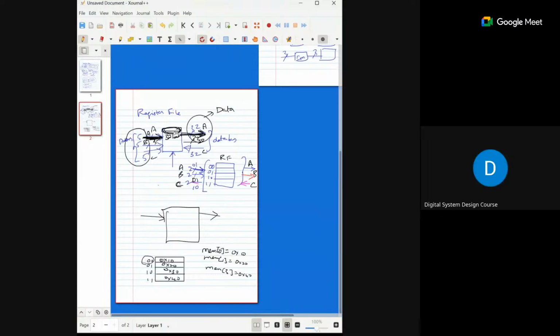So I'm getting the data out as a 32-bit output. So what is the value of each location? There are 32 locations, and each location has a length of 32 bits. Exactly. Got it? Yeah, got it.